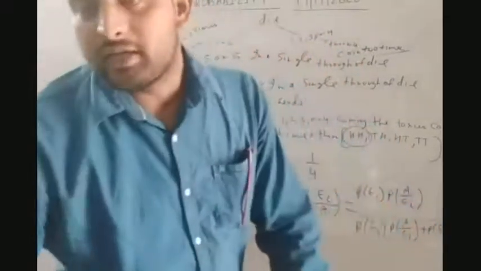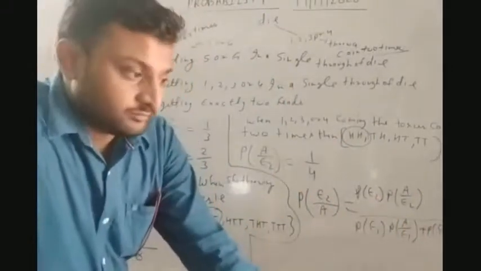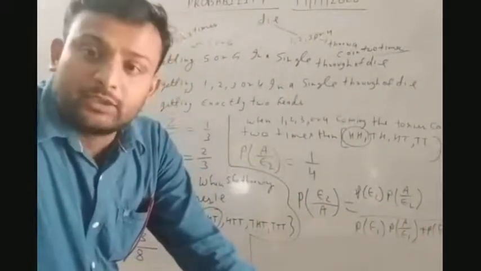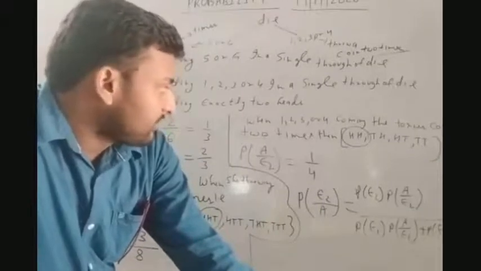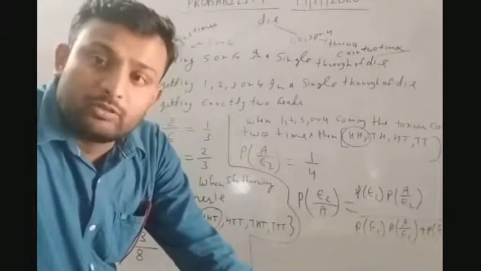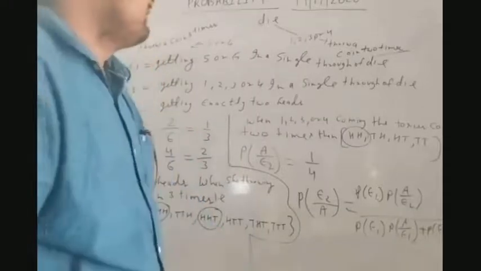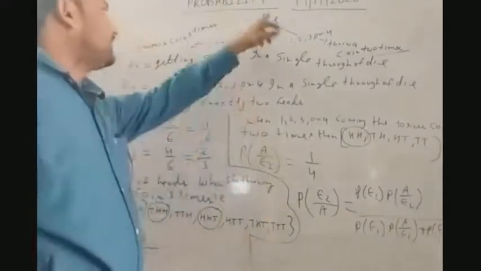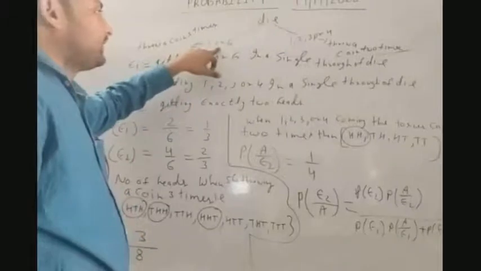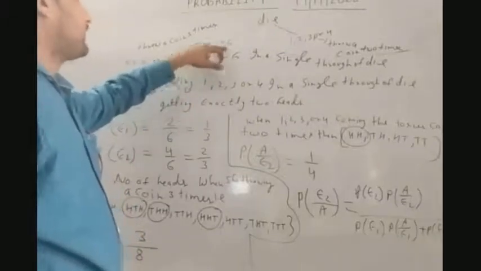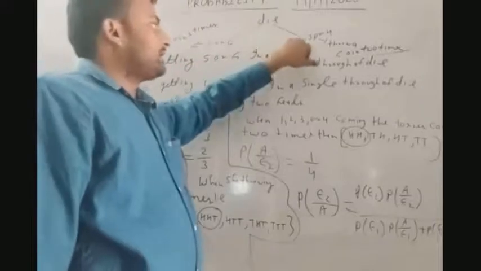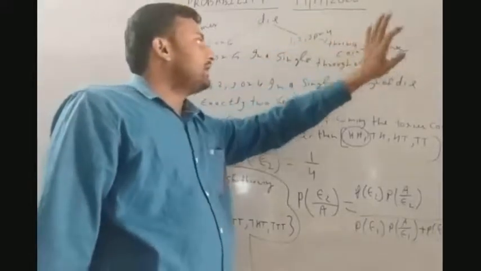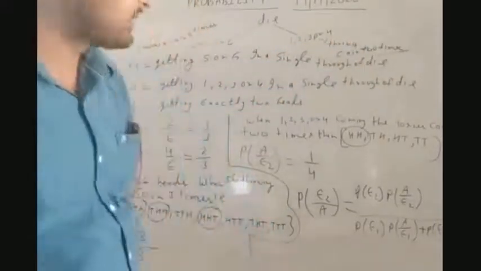Now we have to find the probability of getting exactly 2 heads when she gets 1, 2, 3 or 4. So we have made it so that after rolling 5 or 6, she throws a coin 3 times, and if it is 1, 2, 3 or 4, she throws a coin 2 times.